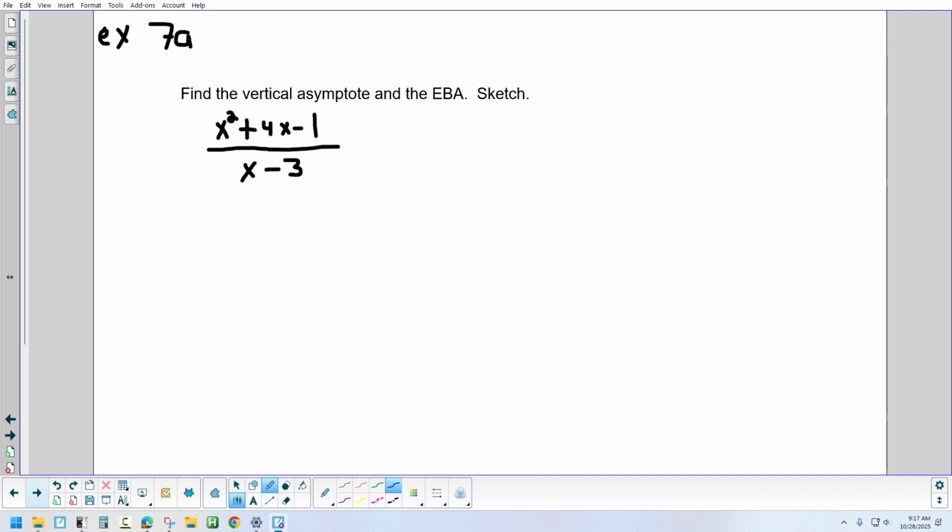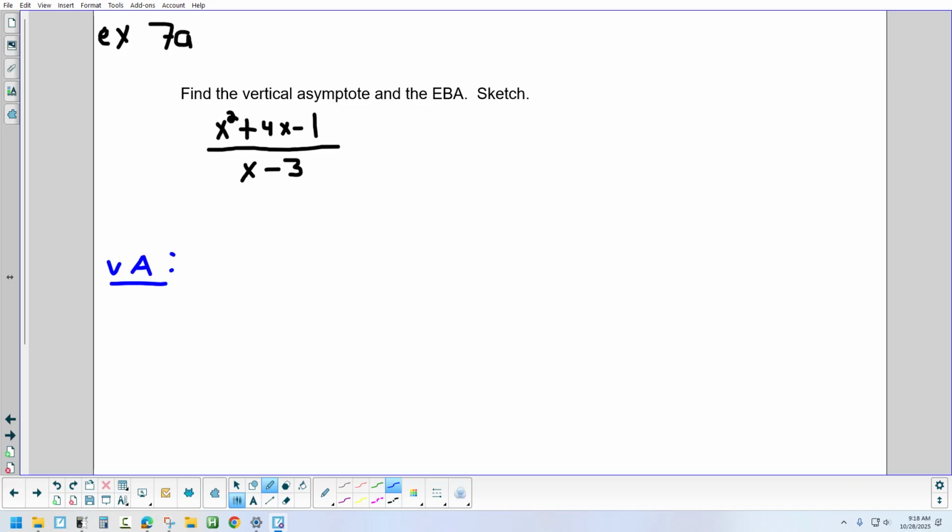Okay, so how do we find, let's do the vertical asymptote first. Can someone tell me how we find that one? Yeah. The value of x that makes the denominator 0. Exactly. Value of x that makes the denominator 0. You can check for common factors, but you don't have any here if you try to factor the numerator.